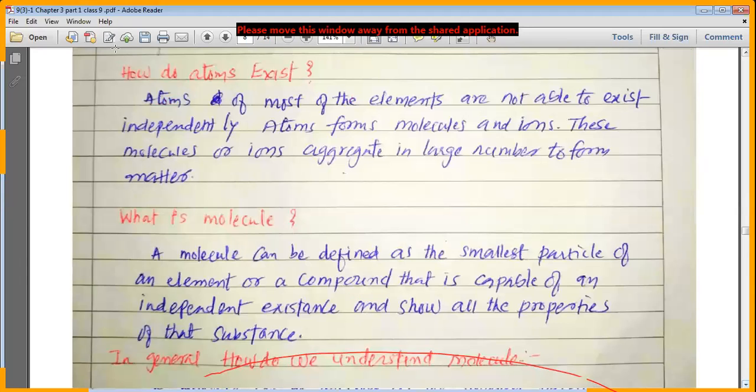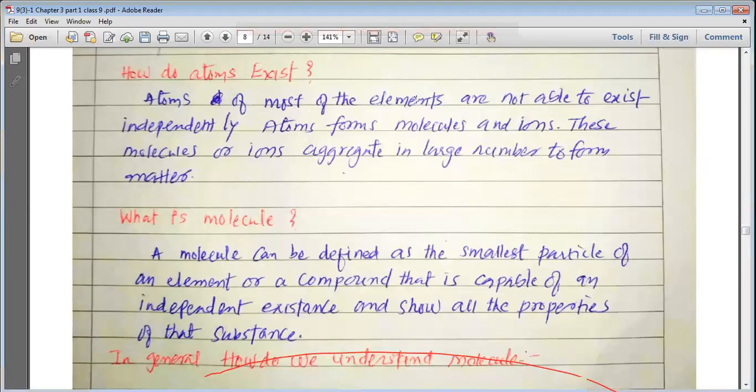Now my dear students, we want to know how do atoms exist? Atoms of most of the elements are not able to exist independently.